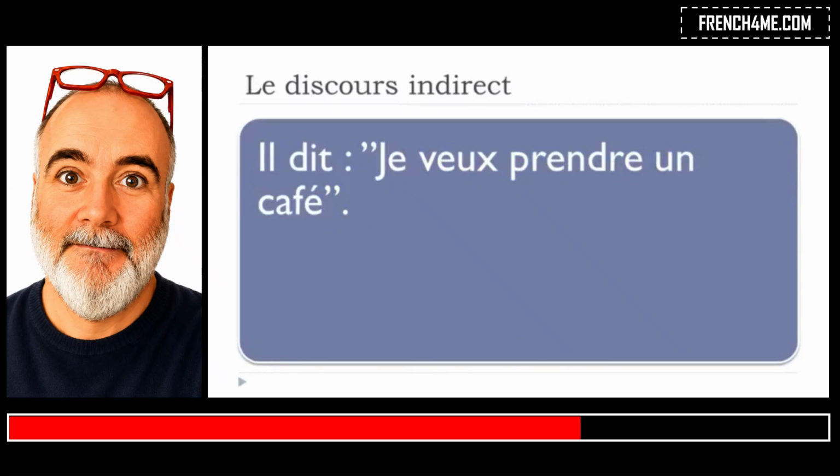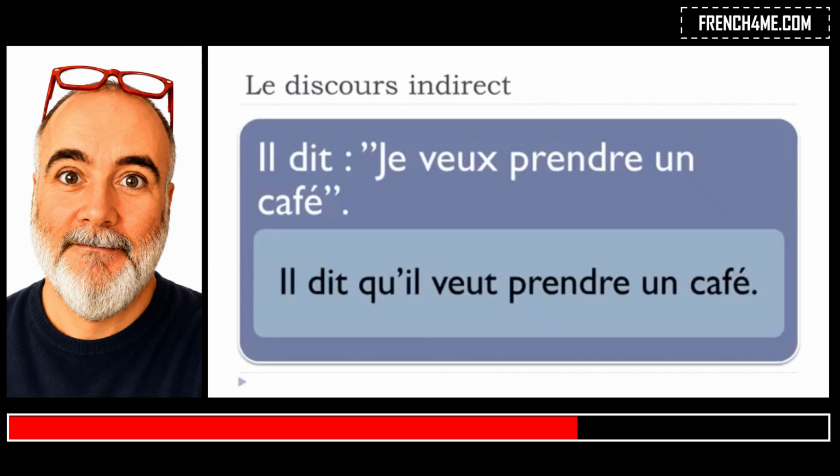So if you want to transform this sentence, it will be a bit different, because in the first sentence it was quite simple, because you had this il and elle, but in that case, well, of course, you've got the je veux, and you need to transform this thing, so you need to adapt it, because here we've got the subject, so subject is masculine, and then it's at the third person, so il dit.